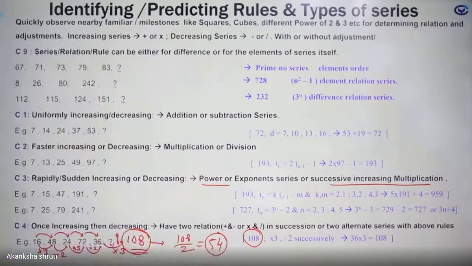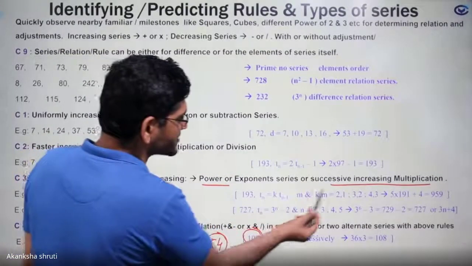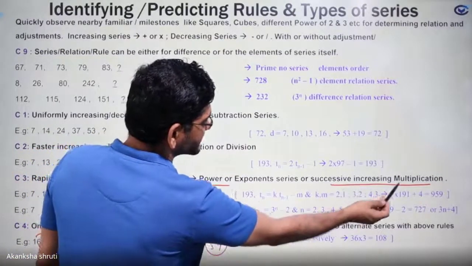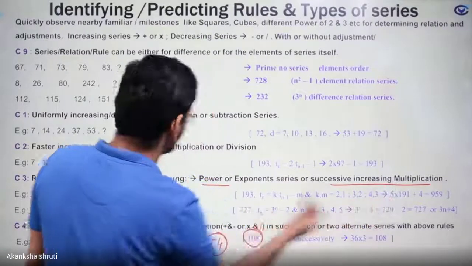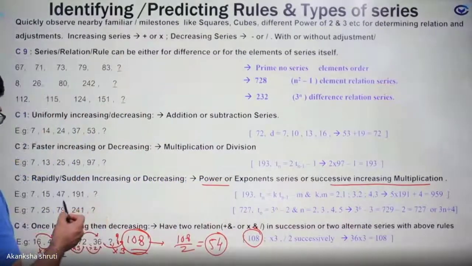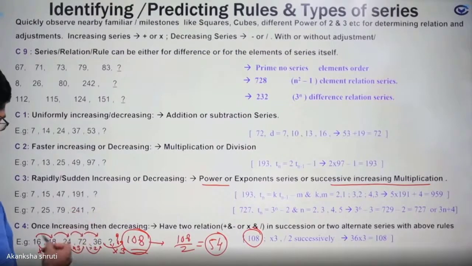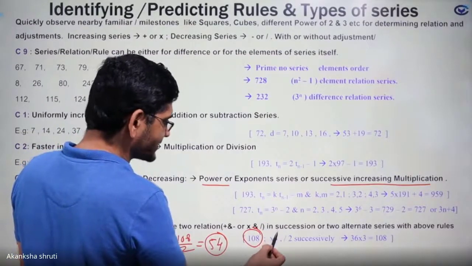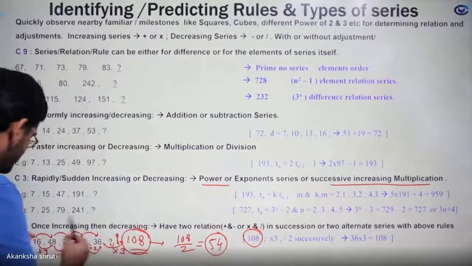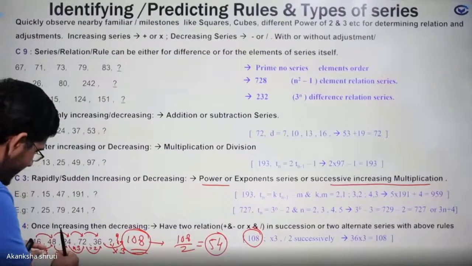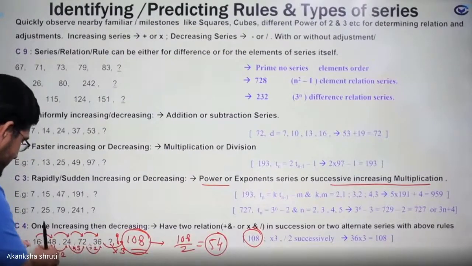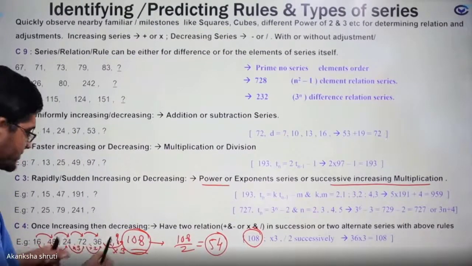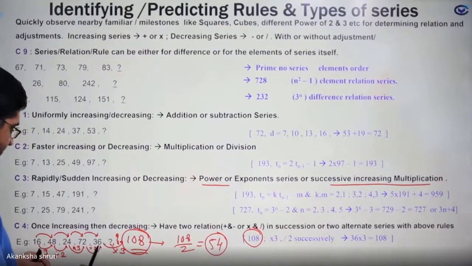So students, if the increase is sudden or very fast, then go for successive multiplication, means multiplication with an increasing multiplying factor, or go for the power series. But if the series is once increasing then decreasing, in that case we have to find that either something is first added, next subtracted, or first multiplied, next divided, that way.